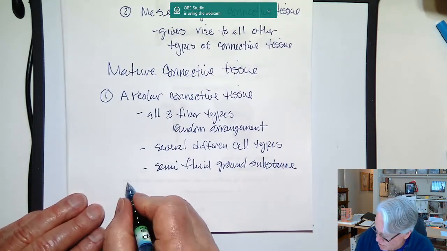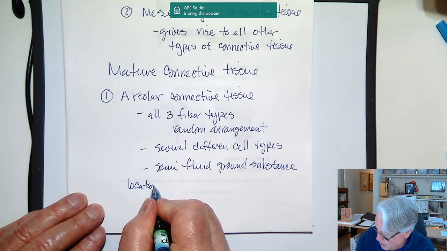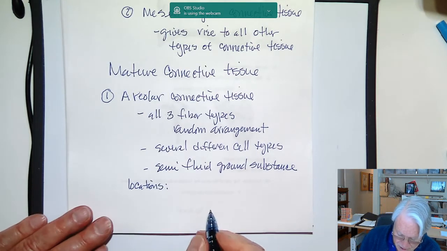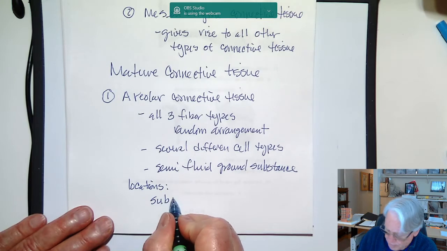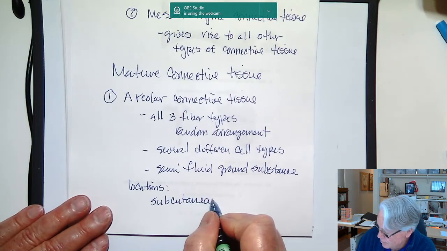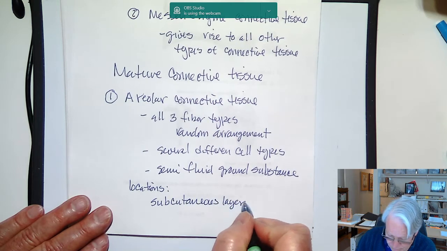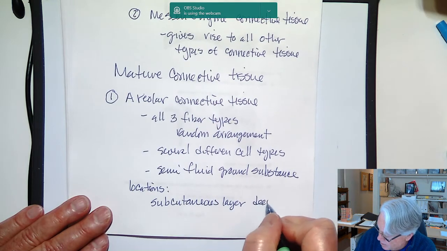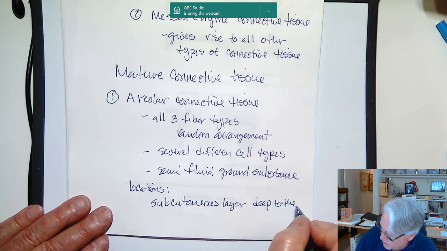Some of the locations that we can identify for this type of tissue are a subcutaneous layer, which is deep to the skin.